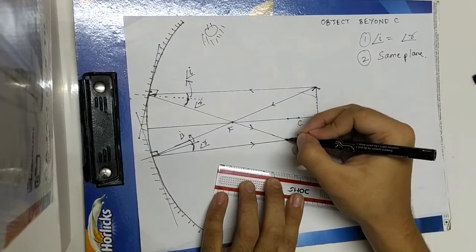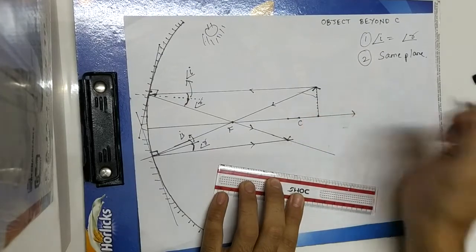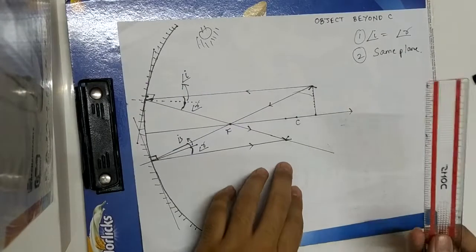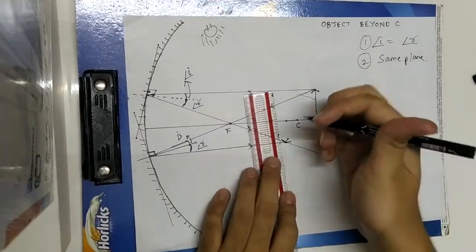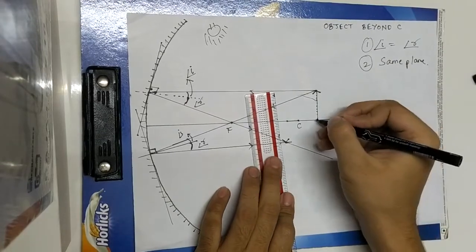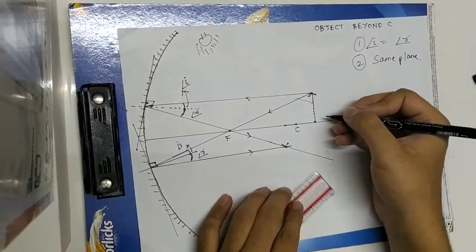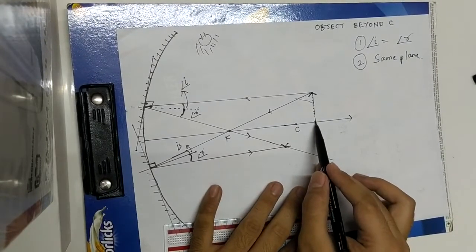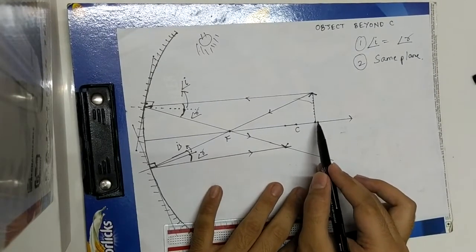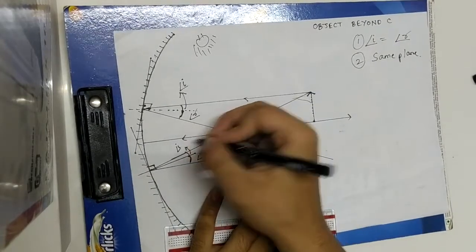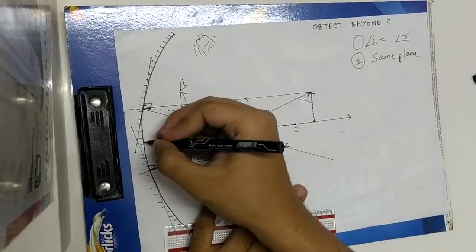Actually if we know one point, then we obviously know where the bottom is, because if the top is here, the bottom has to be at the bottom. We can draw one line just to see where the light will come. See, if we draw a ray from here which will touch the mirror, it will go like this along the principal axis and it will touch here.